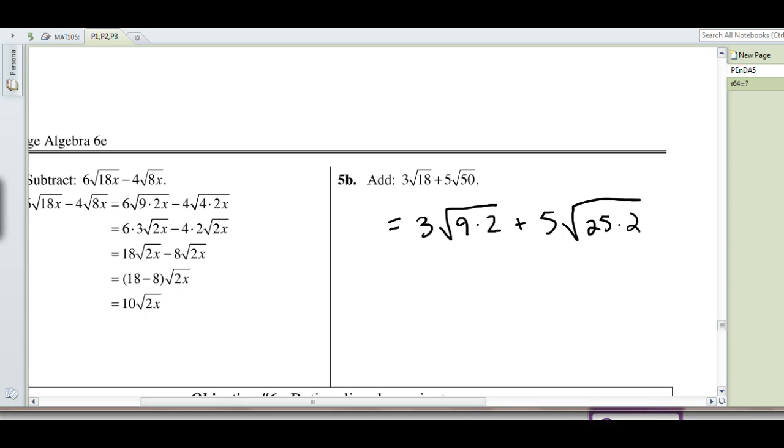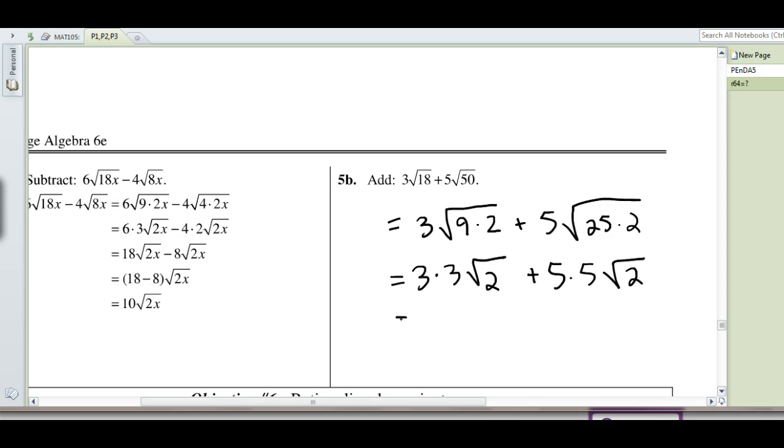And then we know the square root of 9, and we know the square root of 25. The square root of 9 is equal to 3. The square root of 25 is equal to 5. So we have 3, and then the square root of 9 turns into another 3, and then we're left over with 1 square root of 2. Then we have 5. Square root of 25 turns into another copy of 5, and then we have a square root of 2.